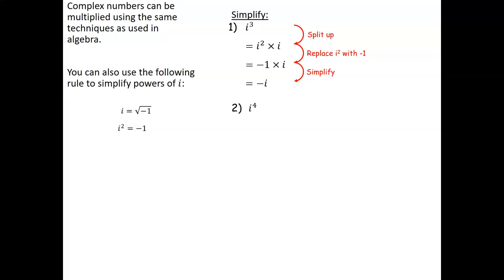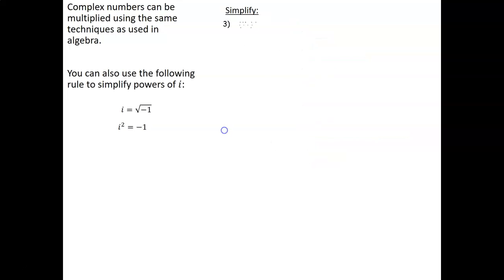i to the power of 4. I can rewrite that as i squared times i squared, which is -1 times -1, which is 1. When I have a bracket raised to a power, remember everything in that bracket must be raised to the power.